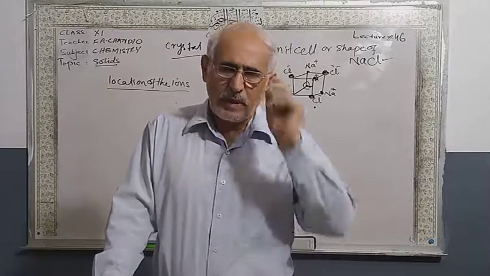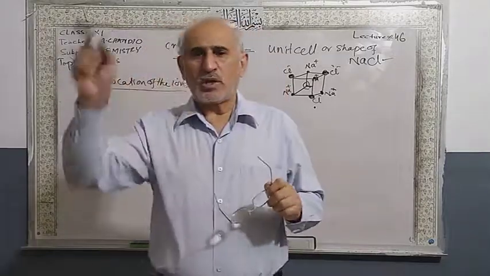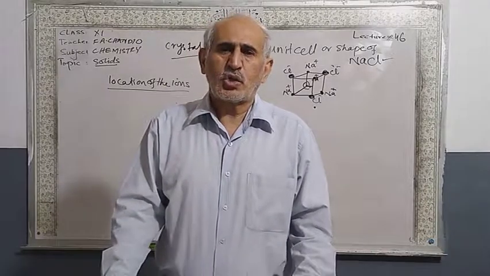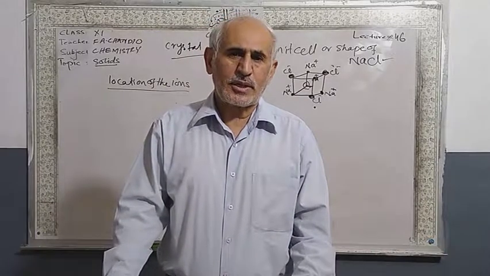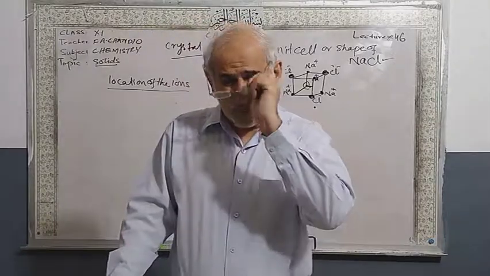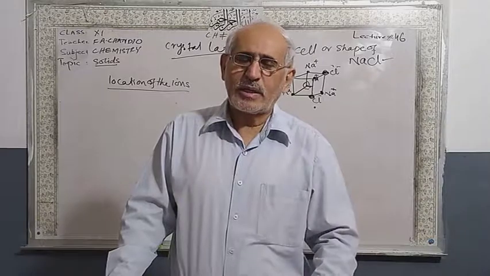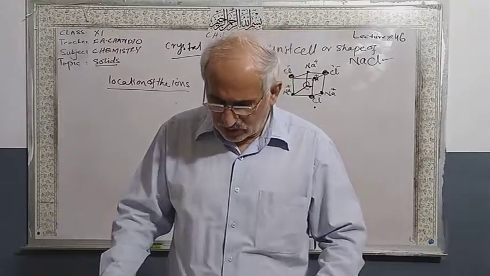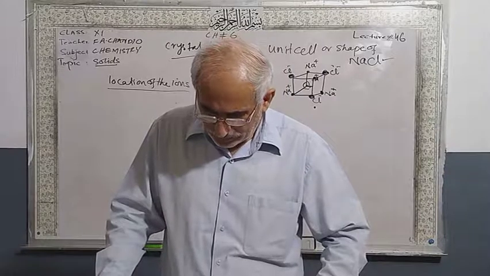Coordination number: the number of ions surrounding the central ion is called the coordination number. So sodium has a coordination number of 6 and chloride is also 6, because 6 chloride ions surround sodium and 6 sodium ions surround the chloride. This is called the coordination number.